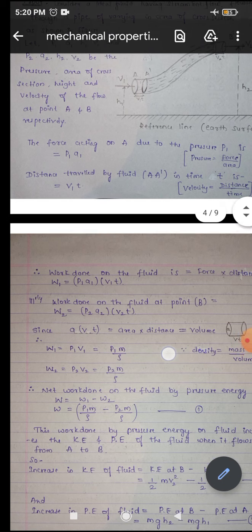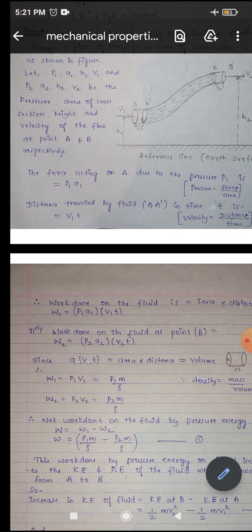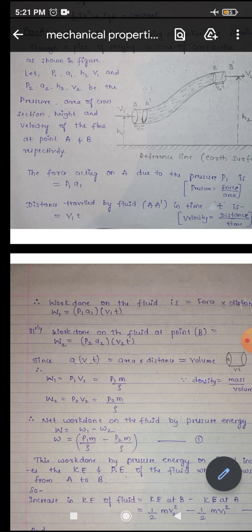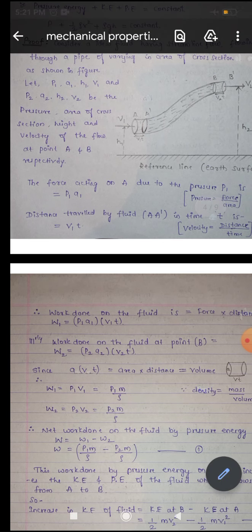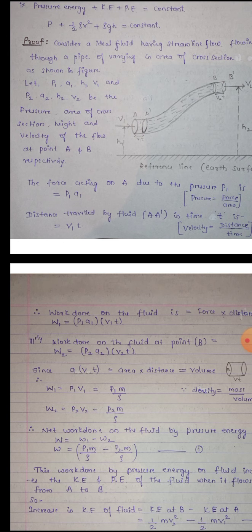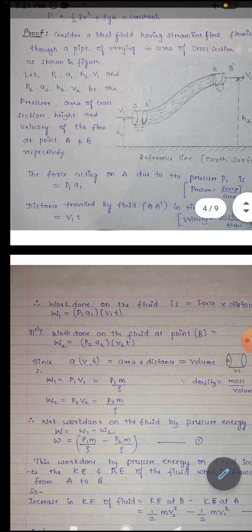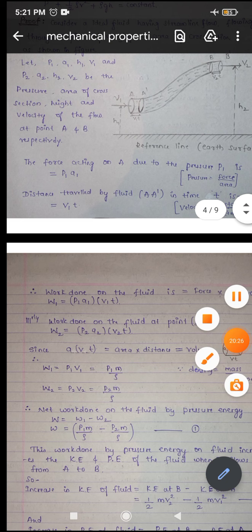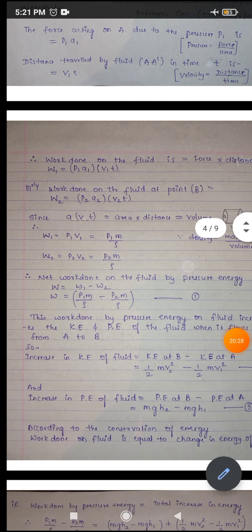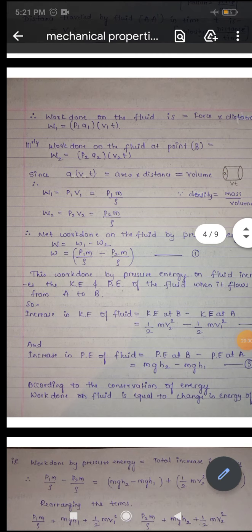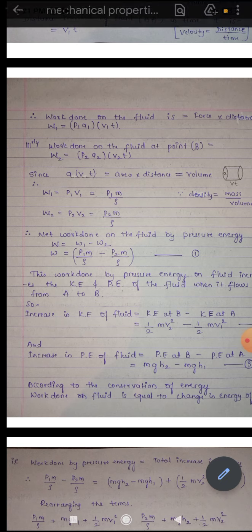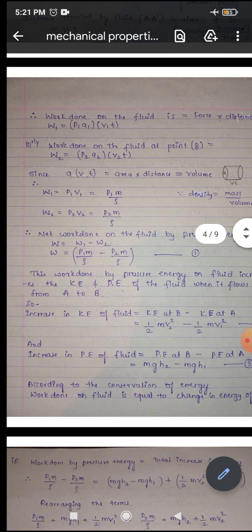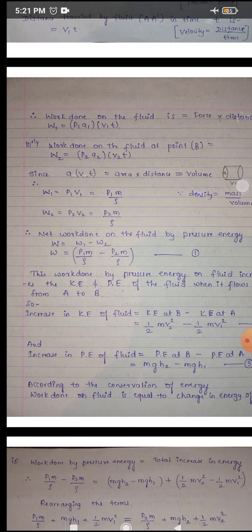The fluid has moved from A to A dash and from B to B dash. Take this area, A to A dash. We know the area, A, and the distance it has covered, V into t.